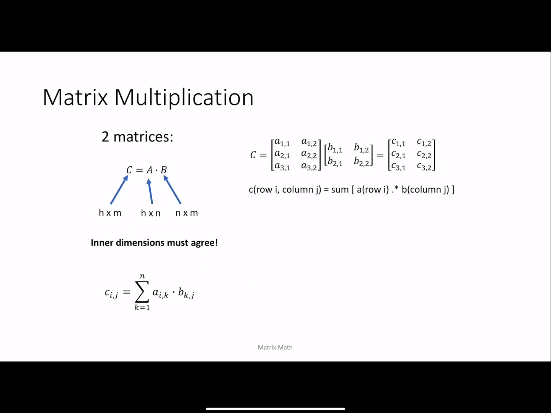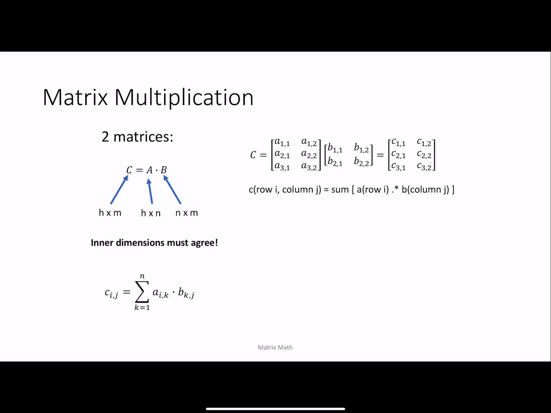So we can also talk about multiplication of two matrices, right? Here we're going to talk about a matrix A times matrix B, and we're going to store the result in matrix C. There's a particular definition that we always use, so we're going to stick to this as well.